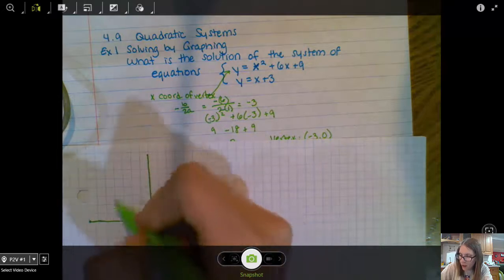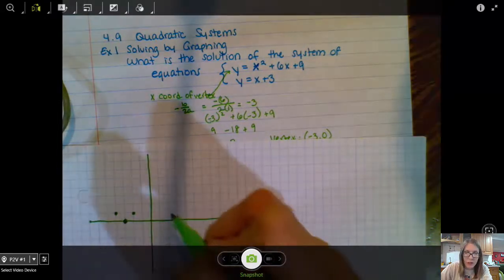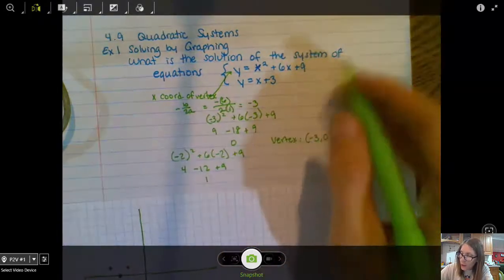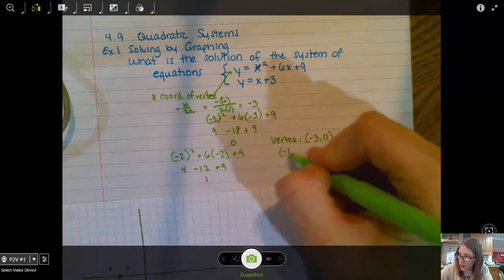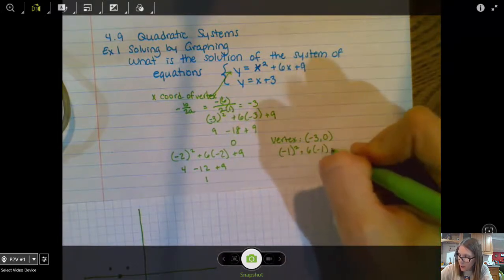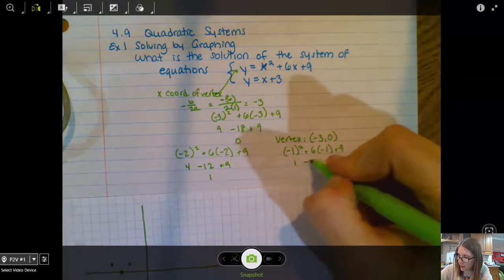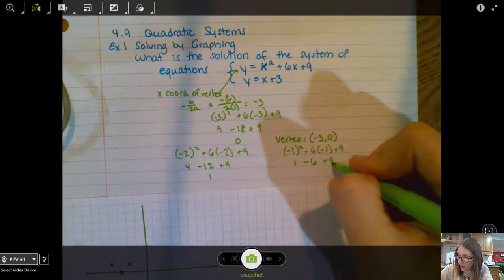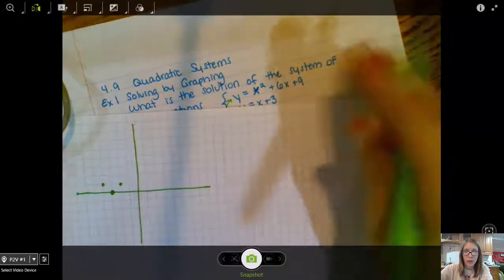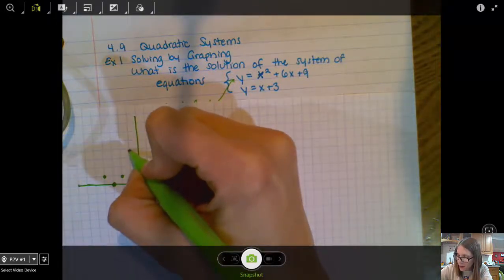And keep in mind that parabolas are symmetric, so this point is the same on the other side of my axis of symmetry. And then again, we also said negative 1 would be a good x value to plug in. Negative 1 squared plus 6 times negative 1 plus 9. So that's positive 1 minus 6 plus 9. Negative 5 plus 9 is 4. So negative 1, 4, also on our parabola.